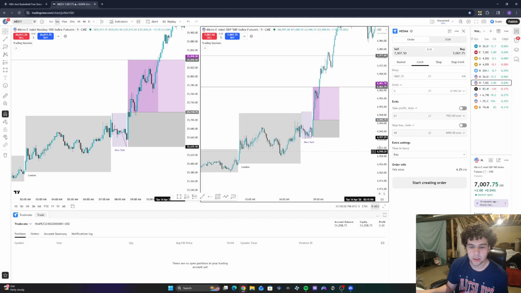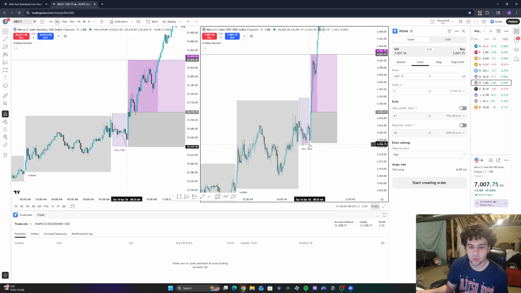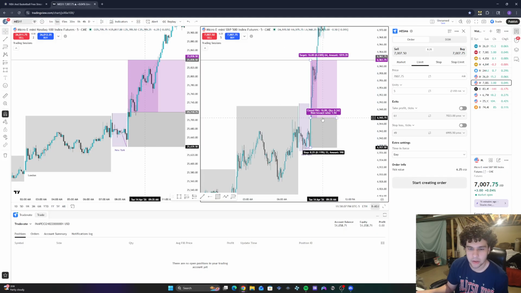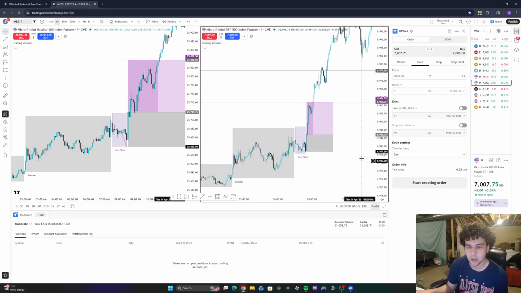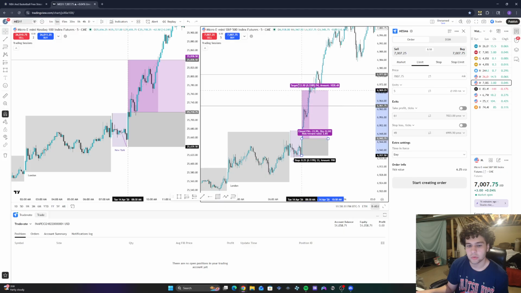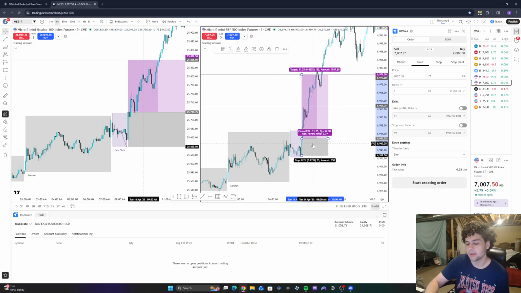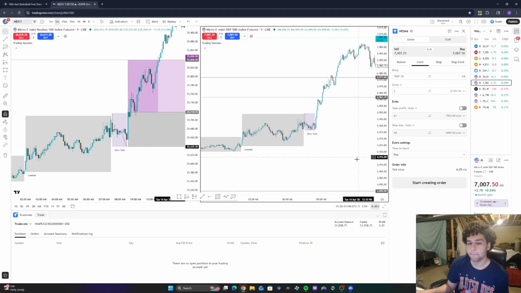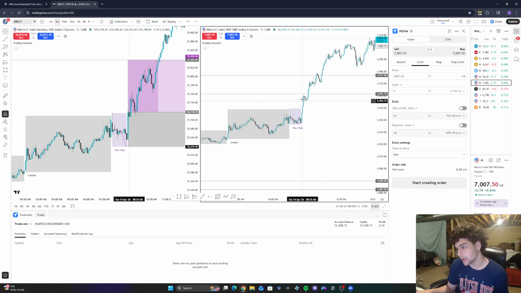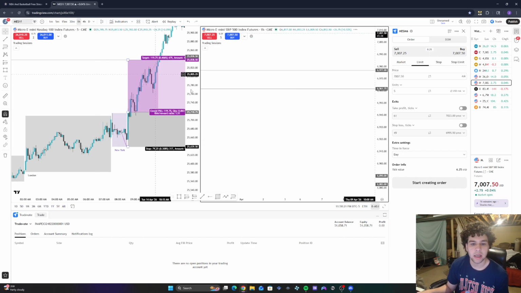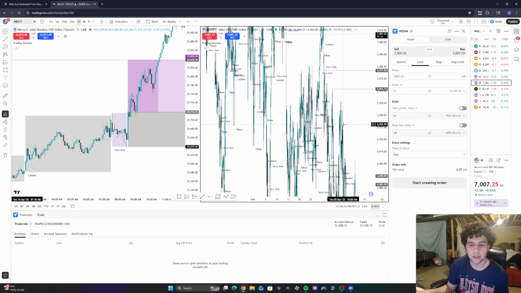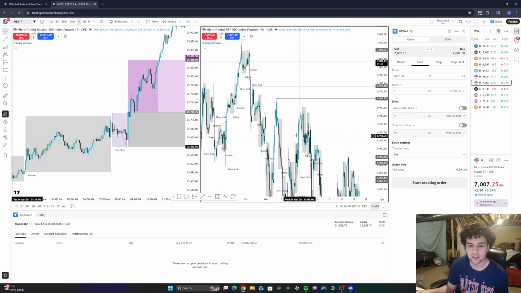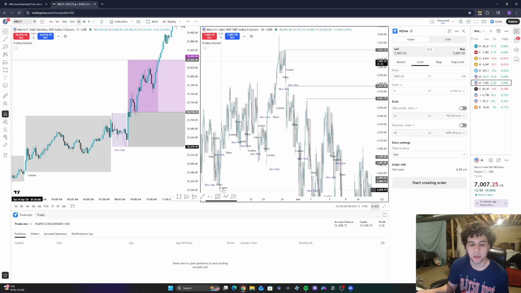Going to there, so like a 1.88 to 1 or 1.9 to 1, something like this. And this would have hit pretty quickly, quicker than this. Of course, we could have gone to this as well, 3.79 to 1. But am I going to do that? No. We have the closest draw on liquidity here, and on ES the draws on liquidity were better because we had highs here that we could target, such as this one right here.